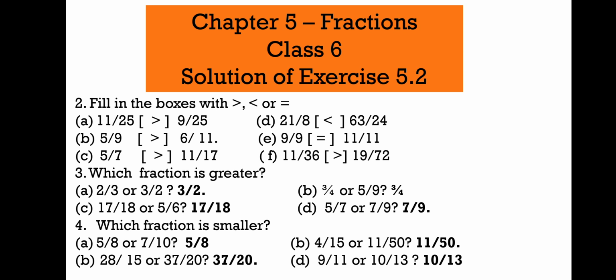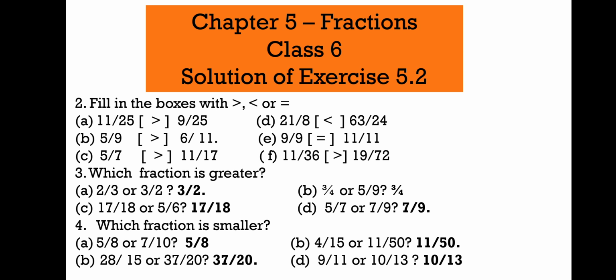So 8 into 63, and when you compare, 8 threes are 24, 8 sixes are 48, so 504 you get this side, and that side you get 21 into 24, so 504.